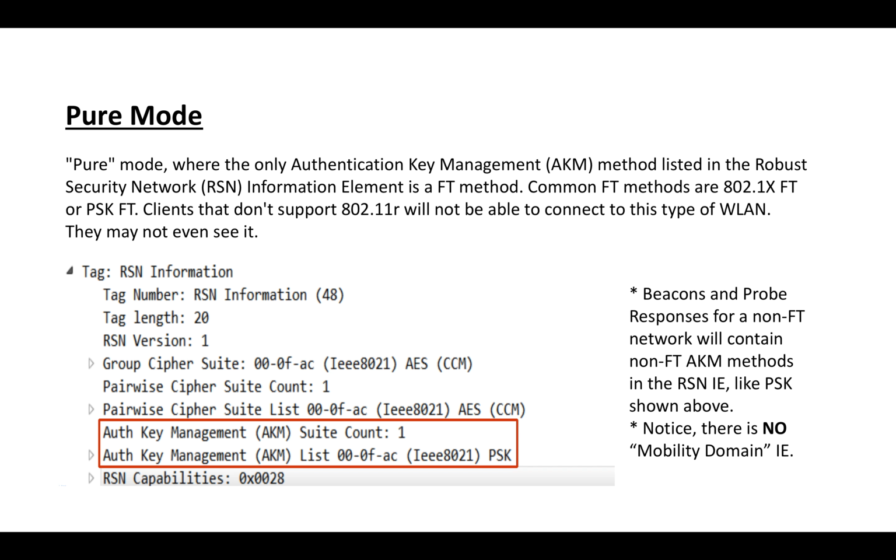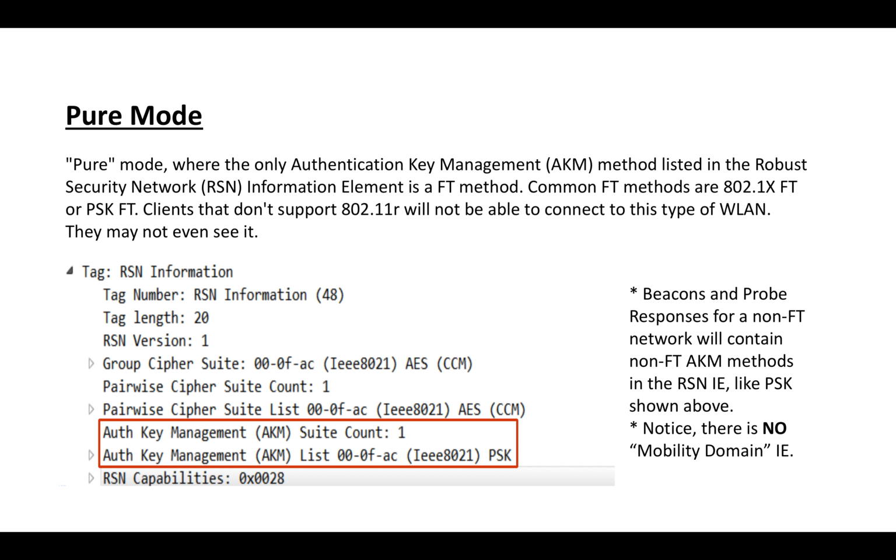What happens in this particular case? One of the peculiar things that I am going to draw parallels to later on. I want to point out, if you are looking at this authentication key management section, it says that the suite count is 1, and then the key management list, it's a PSK. Now, sorry, let me correct that.